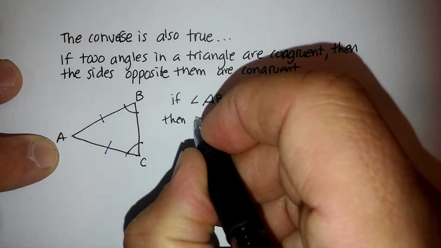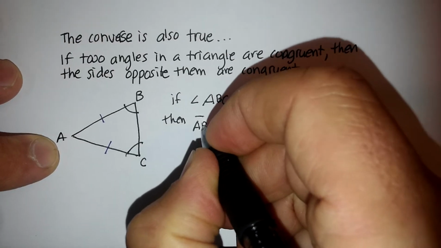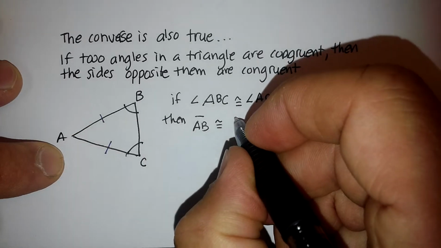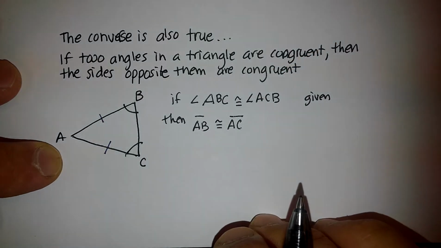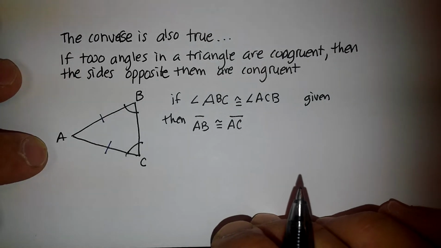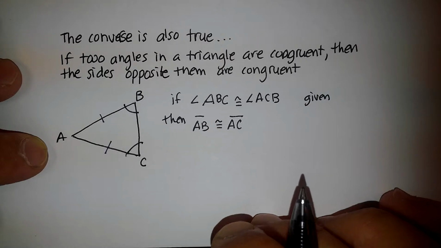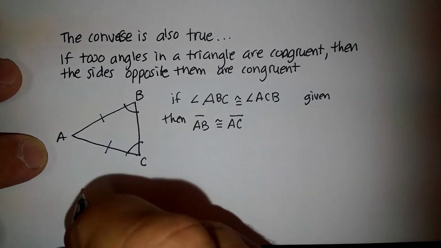So then line segment AB would be congruent to line segment AC. Okay, so it's just another way of proving that triangles can be congruent by knowing some information about their angles.